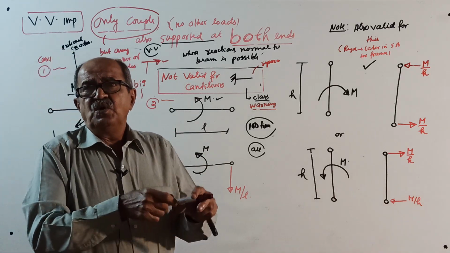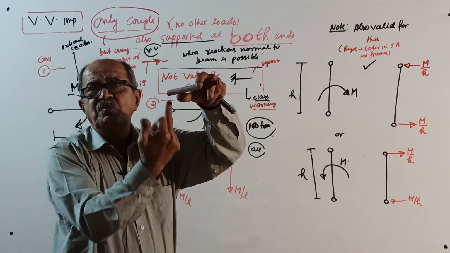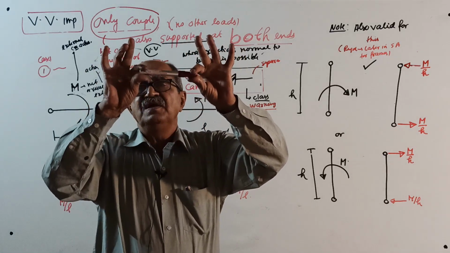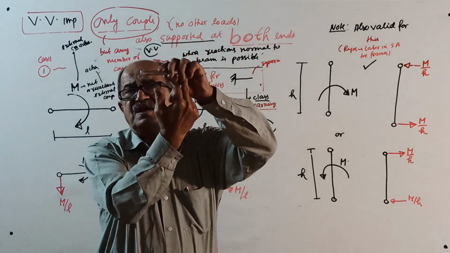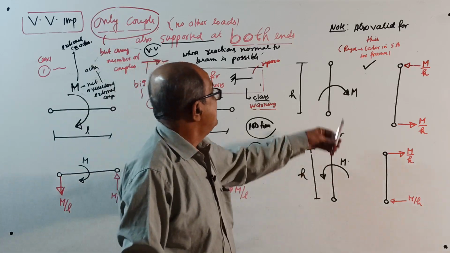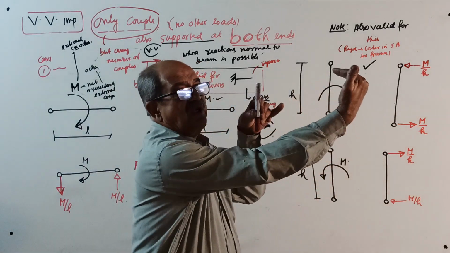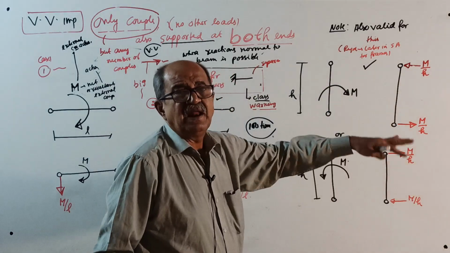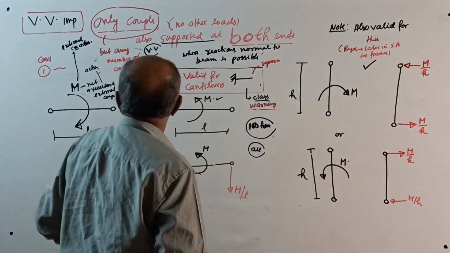That is reactions normal to a member. If the beam is horizontal, vertical reaction. In case of frames later in structural analysis, if the member is vertical, horizontal reaction. So anyway, you worry about this later, not now. I made a note.